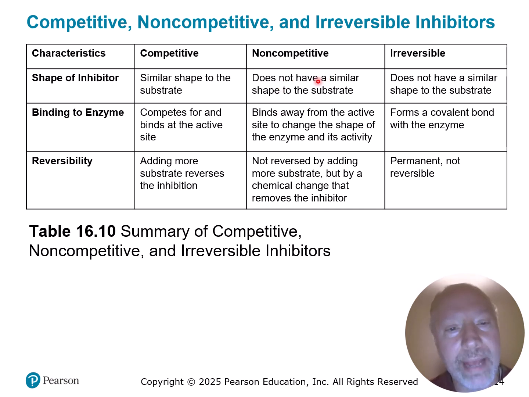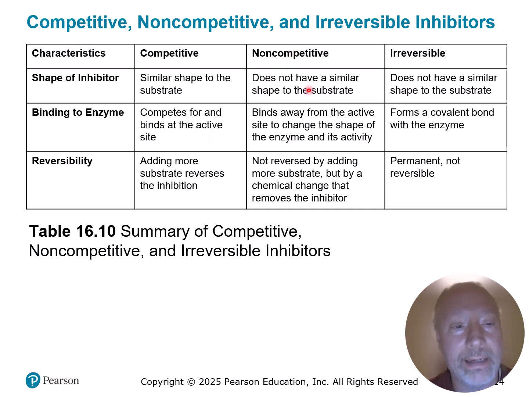And if it's non-competitive, it may not look anything like the substrate. If it's irreversible, it may have no similarity to the substrate as well. When we think about competitive inhibition with regards to binding to the enzyme, it competes for and binds at the active site, just like the substrate.